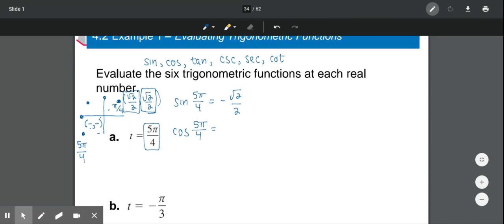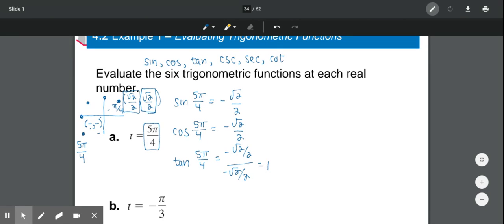So you look at your x-coordinate, but again, we have to put it in the third quadrant, so it has to be negative. So negative root 2 over 2. And then your tangent of 5 pi over 4, remember, is your sine over your cosine, or your y over your x. So if you have negative root 2 over 2 over a negative root 2 over 2, you just get 1.